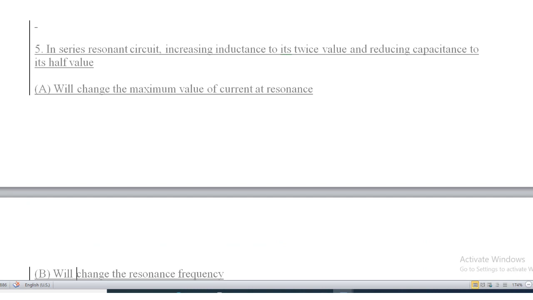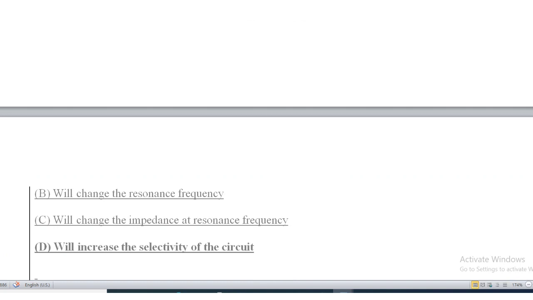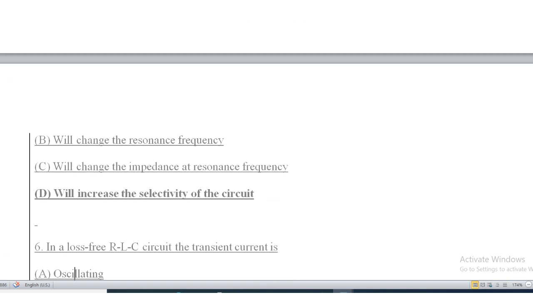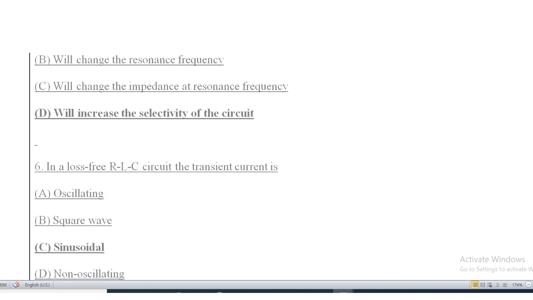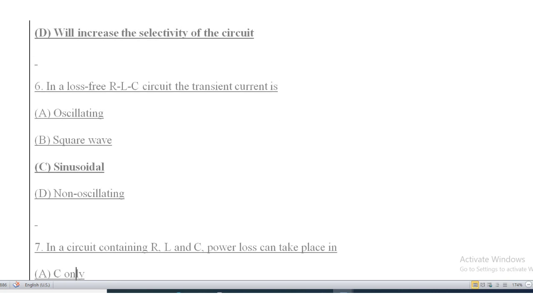In series resonant circuit, increasing inductance to its twice value and reducing capacitance to its half value will increase the selectivity of the circuit. In a loss free RLC circuit, the transient current is sinusoidal.